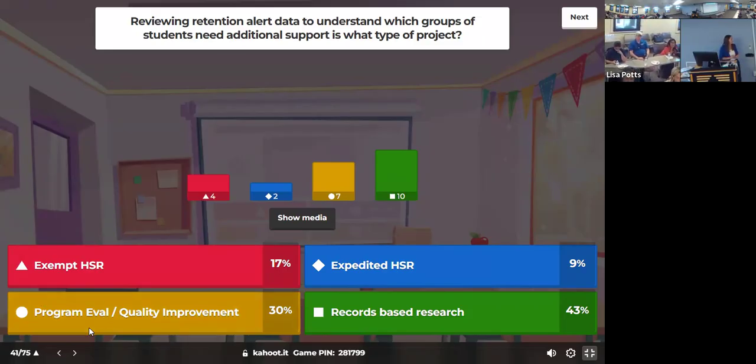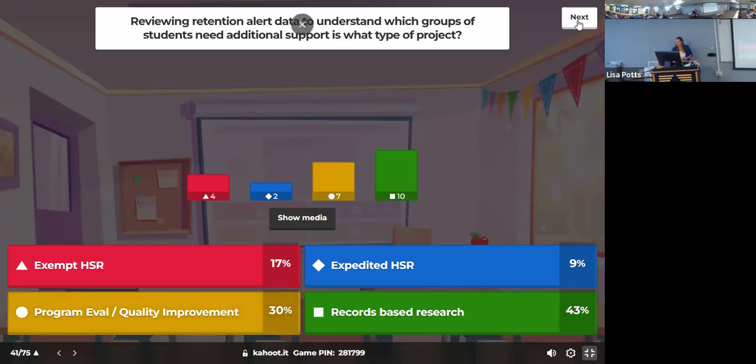I would probably argue this would be a quality improvement type of thing, if it's really being used by that program office to say, which students can we better support? Are there certain groups of students that we need to make sure we're providing support to? So that's my thought process.